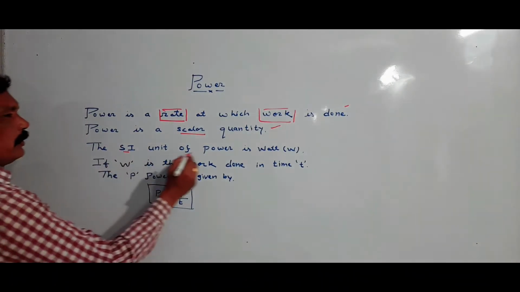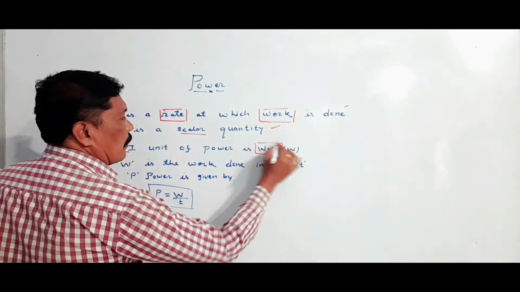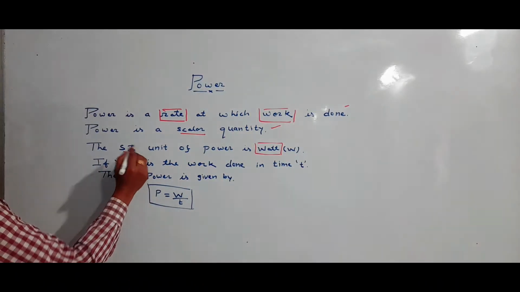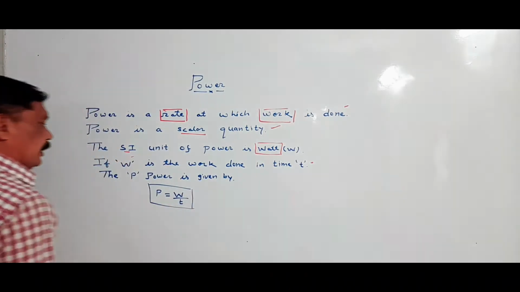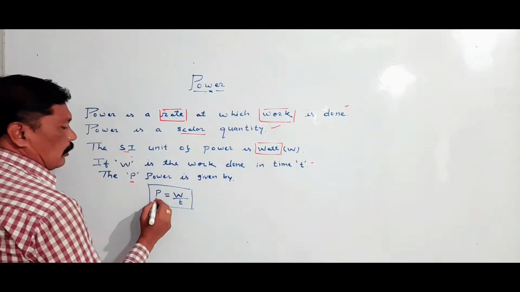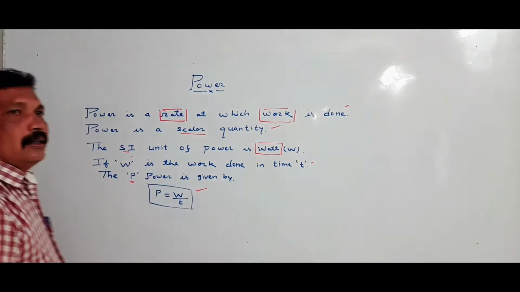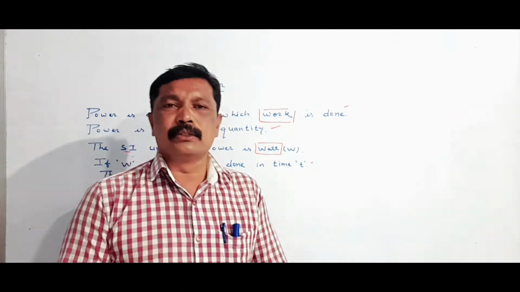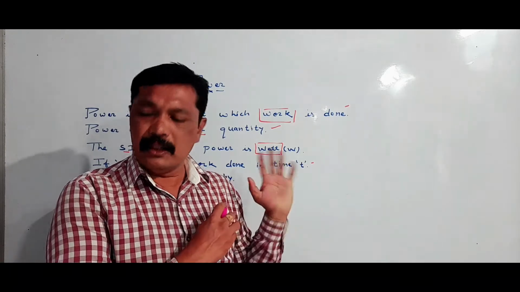The SI unit of power is watt. If W is the work done in time T, then power P is given by P is equal to W by T. My dear student, now we will see some problems related to our chapter.